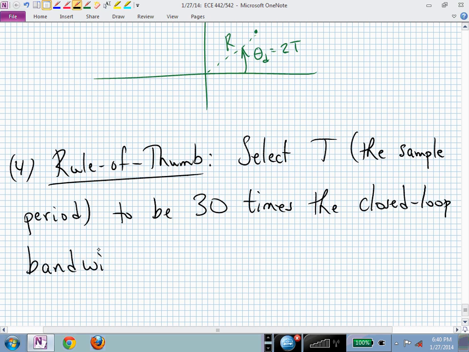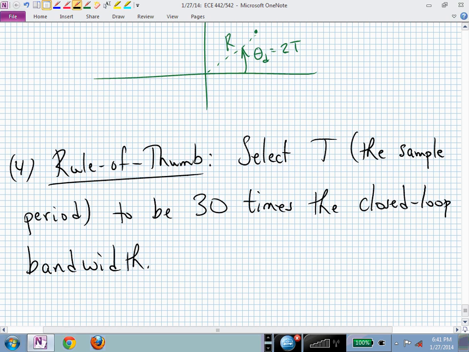Is somebody remembering Nyquist? If you remember Nyquist, what was the factor in Nyquist? If I gave you a frequency, you would double it, wouldn't you? Now we're taking it by 30.